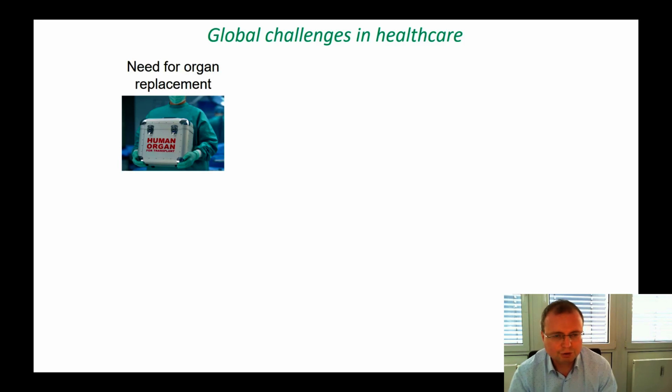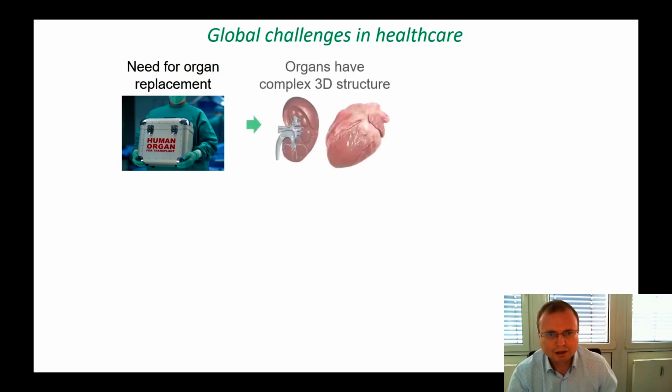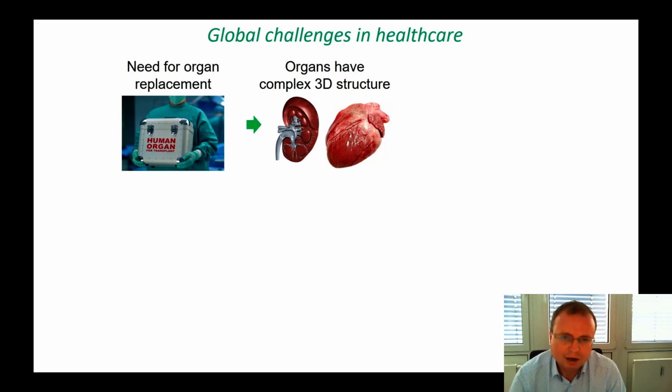We need donor organs, and the number of donor organs is insufficient to cover our needs. So practically, we would like to have a possibility to replace natural organs with engineered ones, which will basically allow us to solve the problem of the lack or insufficient number of the donor organs.